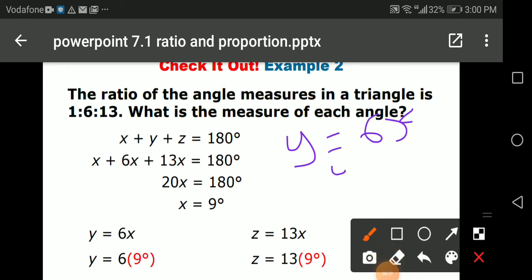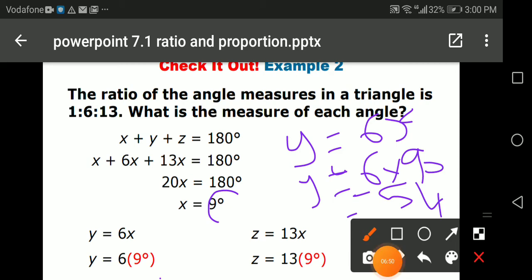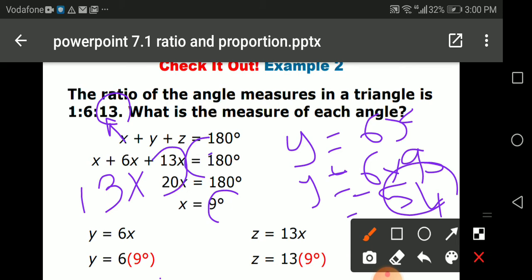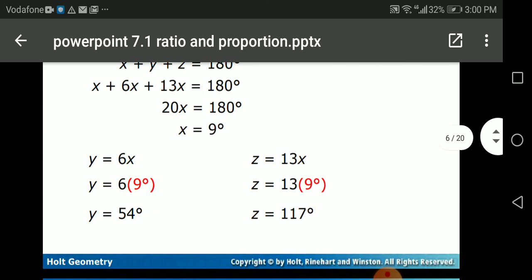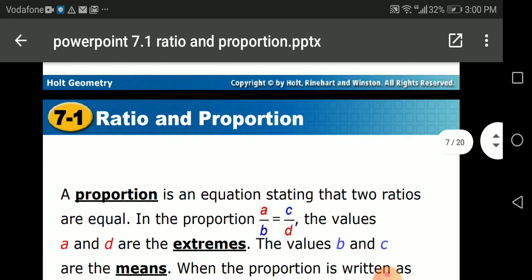So instead of y, I will write 6 multiplied by x, which is 9. 6 times 9 equals 54 degrees, so y equals 54 degrees. What about z? The third angle is 13 multiplied by x, so 13 multiplied by 9. Okay, guys? 117 degrees.